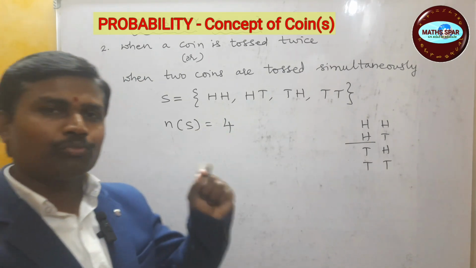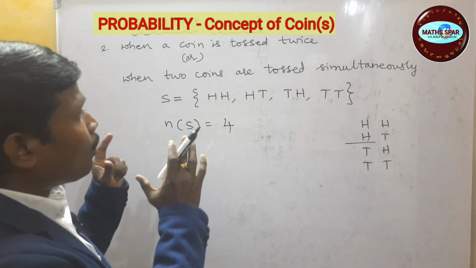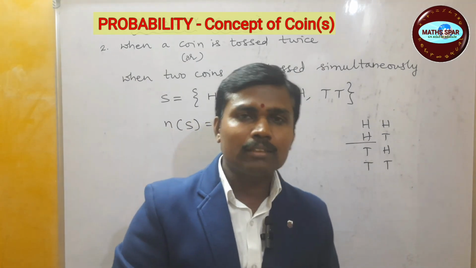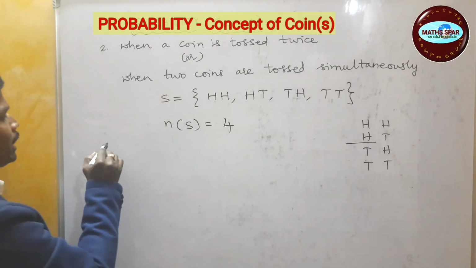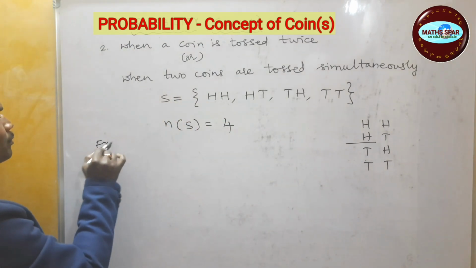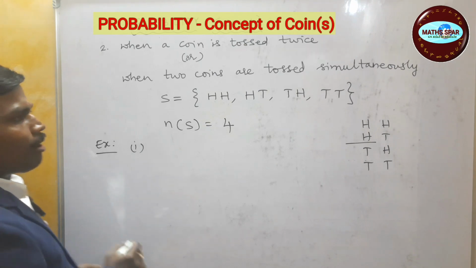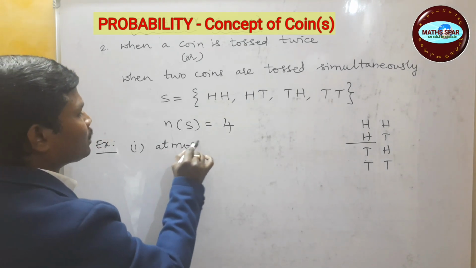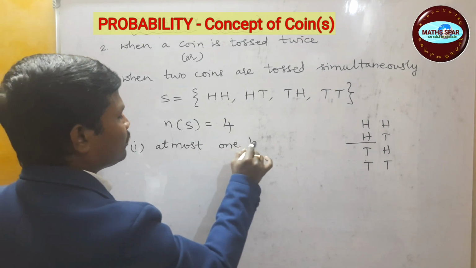So n of S is 4. Now on this, the questions can be asked like, find the probability of getting at most one head.